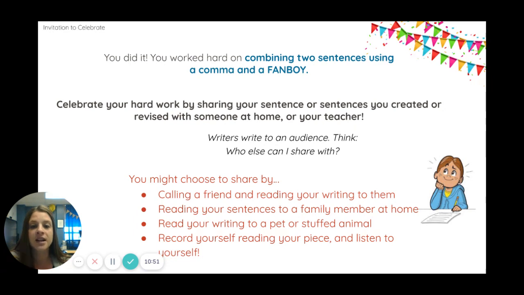You can call a friend and read your writing to them. You can even read your sentences to somebody at home, a family member, a stuffy, a pet. You can even record yourself reading your piece and even listen to yourself or send that to a teacher or a friend.